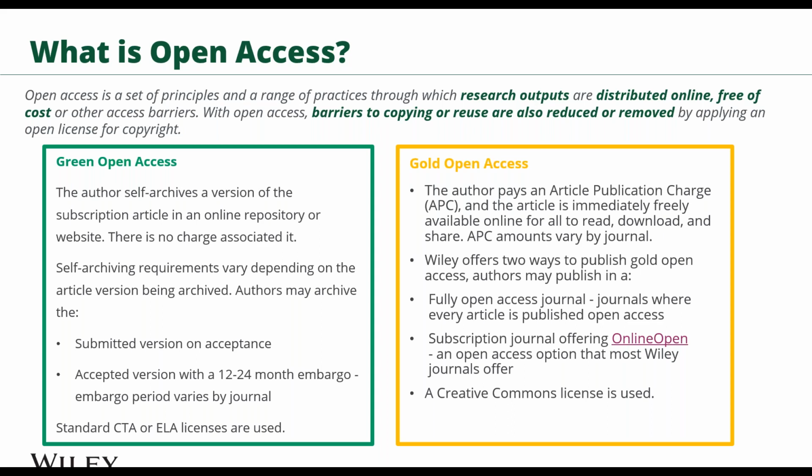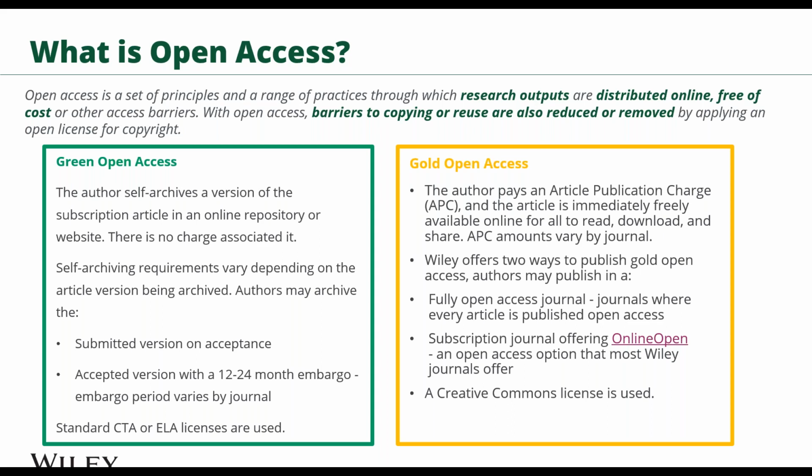Usually, the author can only archive the article after an embargo period has passed from when the article was first published. And this is usually between 12 and 24 months. The version archived is usually the submitted version on acceptance, so before typesetting and copy editing have happened. And in this case, a standard CTA or ELA license is used, and there's no cost associated with green open access.